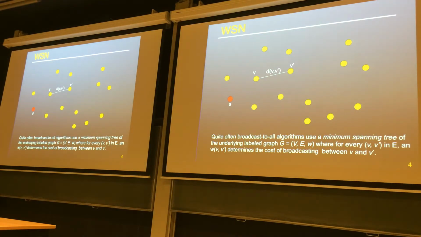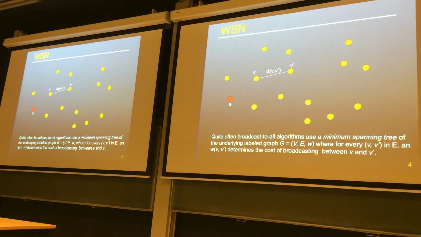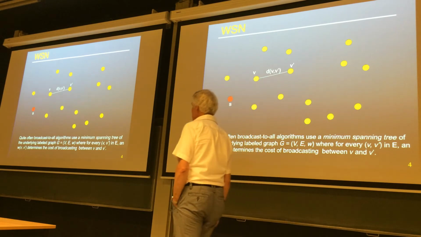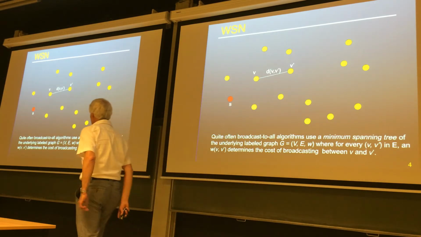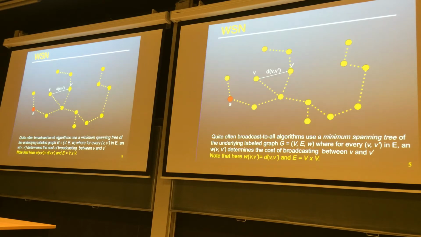And then the problem becomes, given a certain starting node S, how to transmit the knowledge that's available there to all the other nodes while using as little energy as possible. Well, one simple and approximate approach is to use the minimum spanning tree that can be derived from this implicit graph. Well, what is a minimum spanning tree?